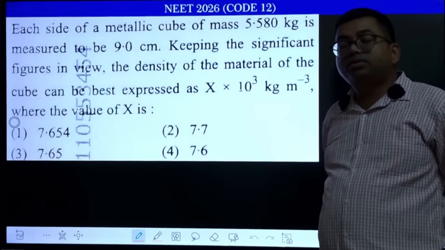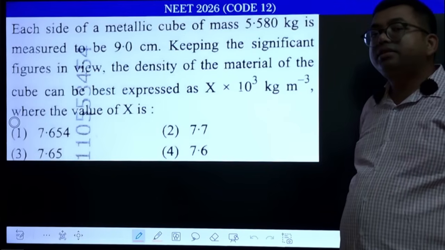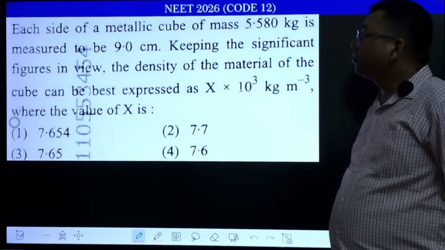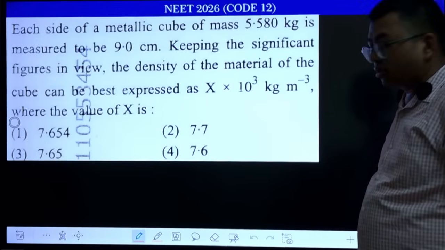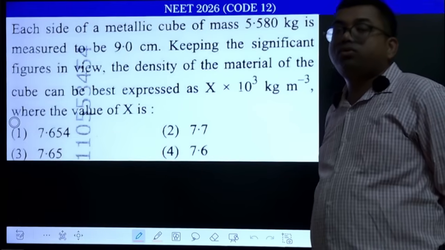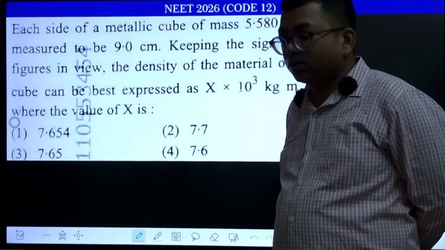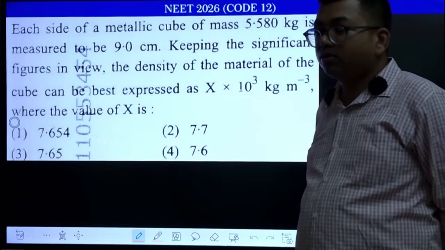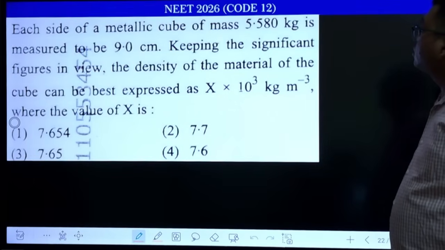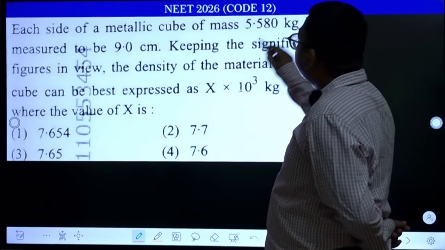There are two operations: division and multiplication are similar, and addition and subtraction are similar. So what happens in division and multiplication? We have to keep what? Should we keep the number of significant digits, or should we keep decimal places? Yes. So if you see here, it has 3 decimal places, right?